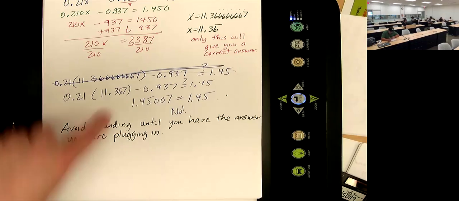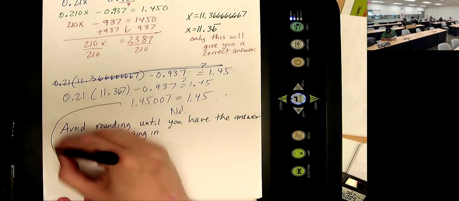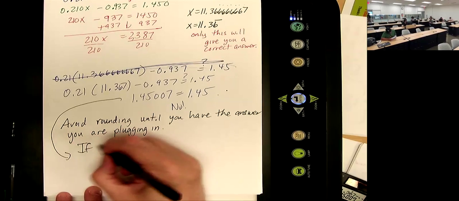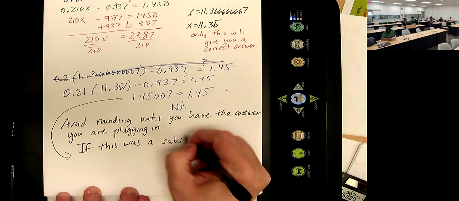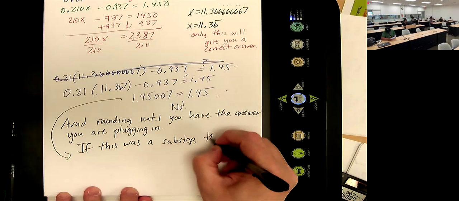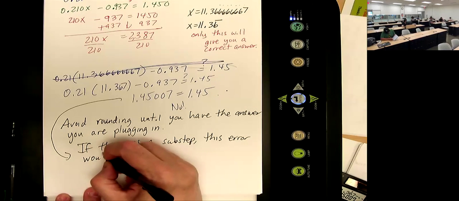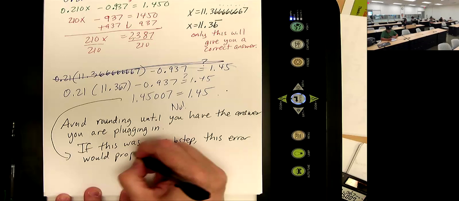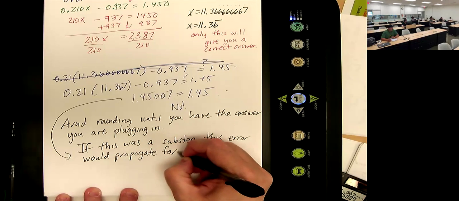If this was a substep, this error would propagate downward, or forward, through all of my remaining steps.